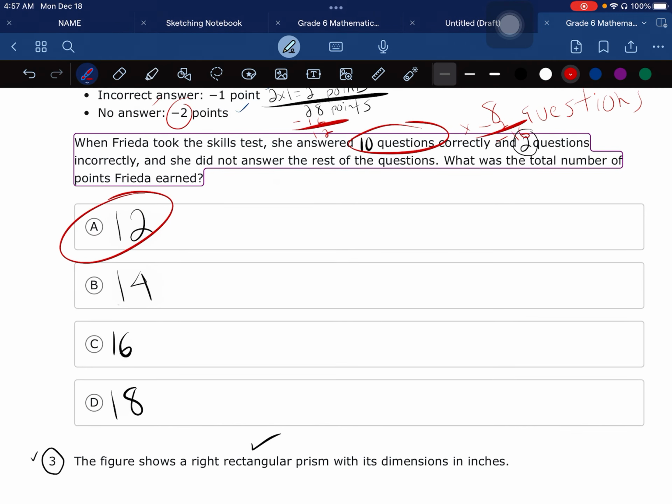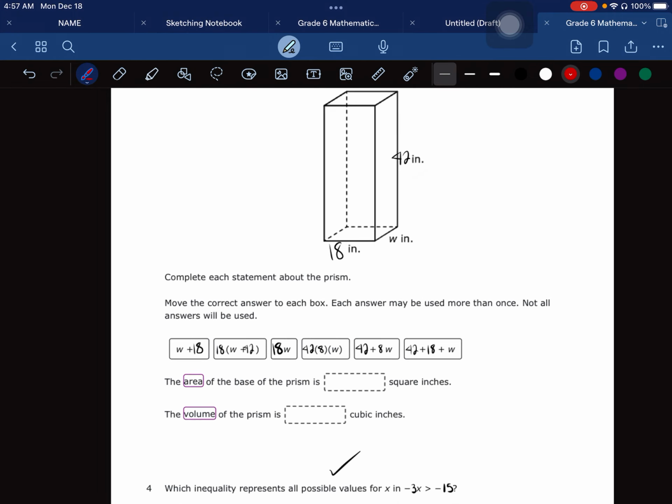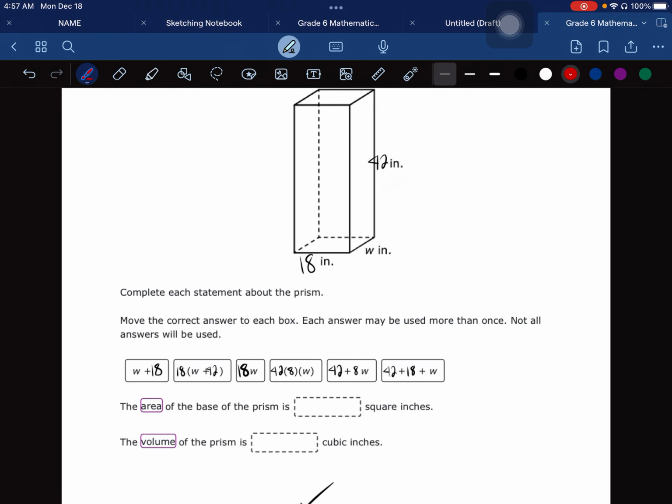Number 3, chicos. La número 3. The figure shows a right rectangular prism with its dimension in inches. Now, we have it right here, chicos. Area, we multiply length times width. And volume, we multiply length times width times height.